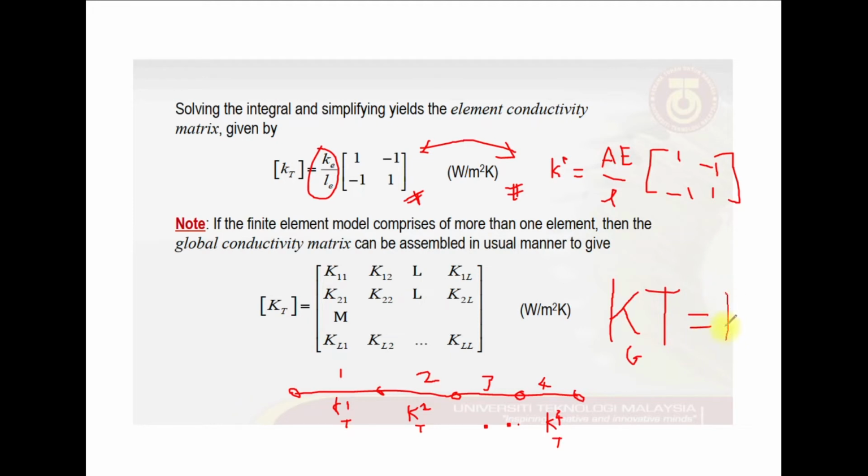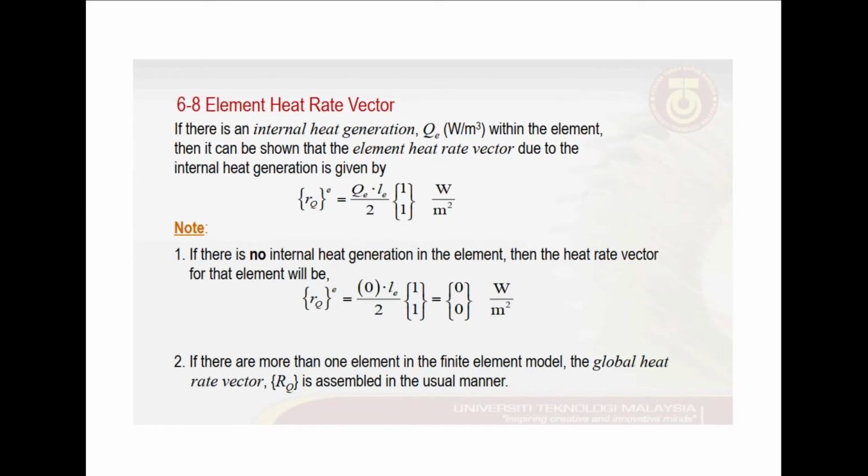Then the next step is to look at the term R in our simultaneous equations. In our heat transfer through a plane wall, the element heat rate vector actually depends solely on the internal heat generation Qe within the element.